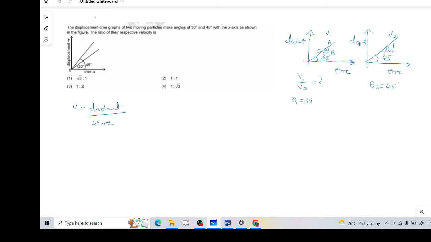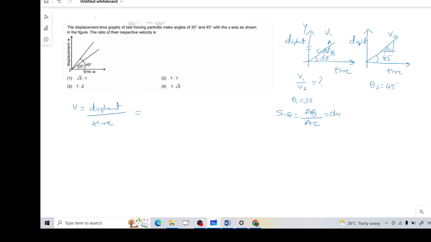If I take the sine theta value, then sine theta is the opposite side divided by hypotenuse. Here the opposite side is AB and hypotenuse is AC. See, this AB is parallel to the y-axis, so this AB is representing a displacement.